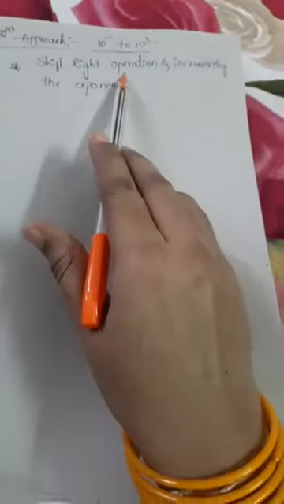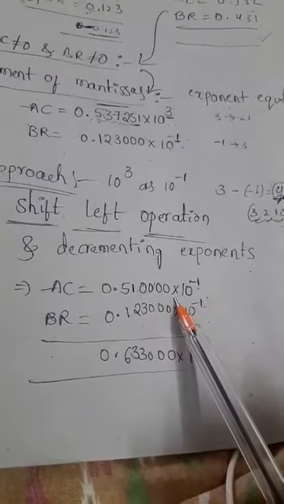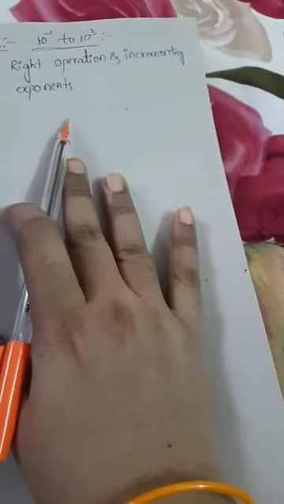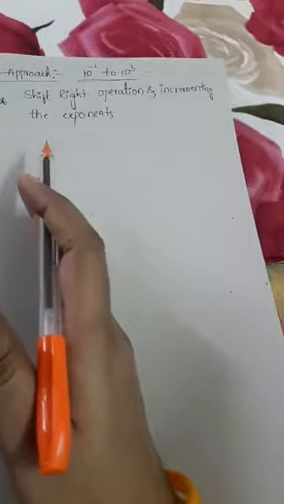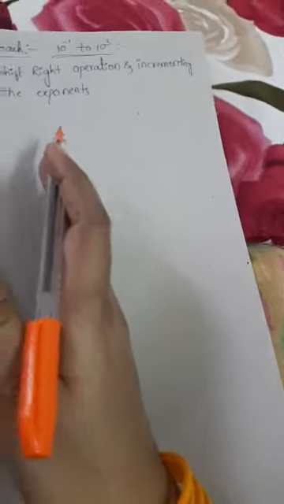Okay, so in shift right operation, what will happen? In shift left operation we are adding the zeros on the right side, right? But here in shift right operation we are adding the zeros on the left side of the original information. So the zeros will be appended to the left side.